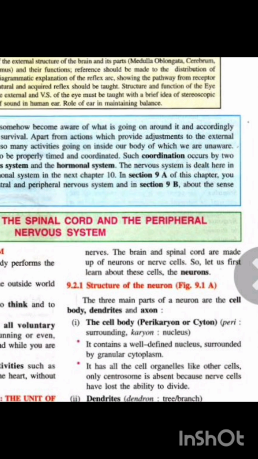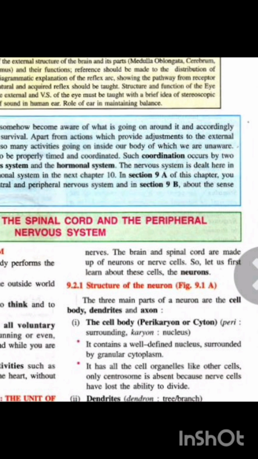So why does it lack centrosome? There must be a question, and the answer to it is that centrosome plays a crucial role in cell division, and since these nerve cells have lost the ability to divide, hence they lack centrosomes. And they also have some granular structures called Nissl's granules.